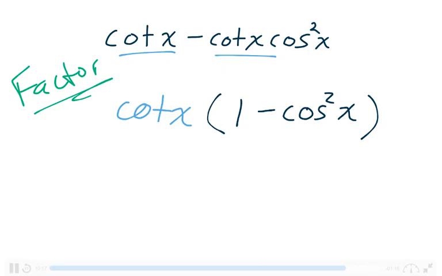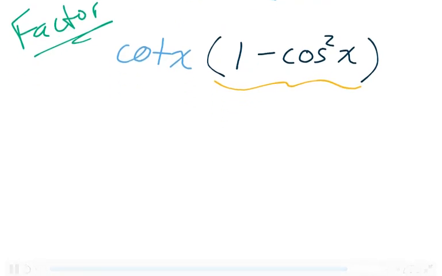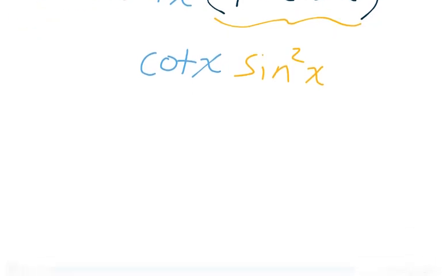Now, why did we do that? Well, typically you get something special that can be changed. Here's this 1 minus cosine squared. Remember, that can be changed into a sine squared. Looking at your identity book, I still have this cotangent. I wonder if somehow that cotangent is going to be able to interact with that sine squared.